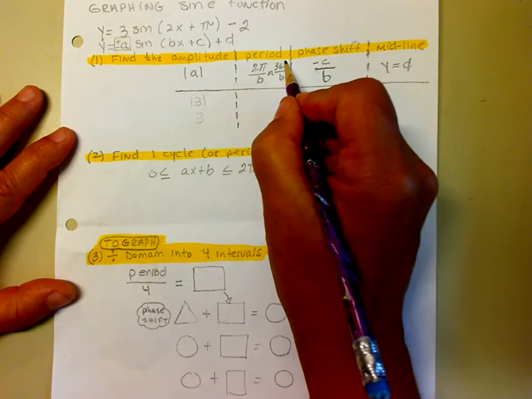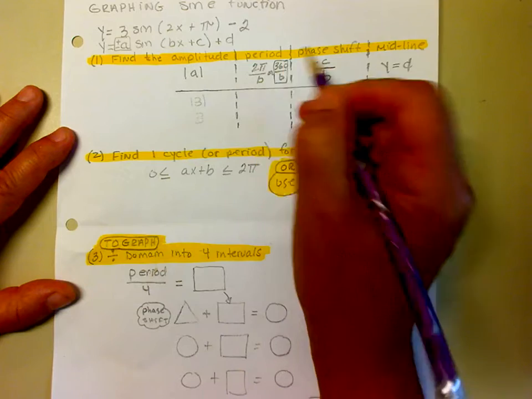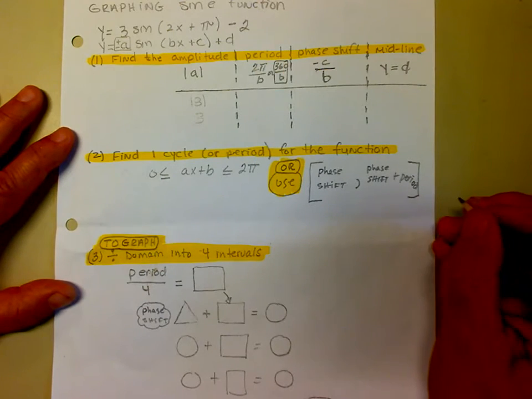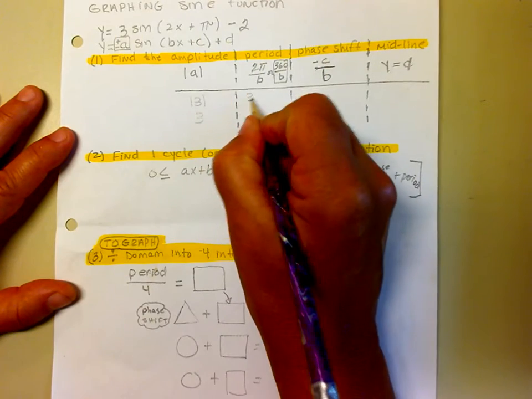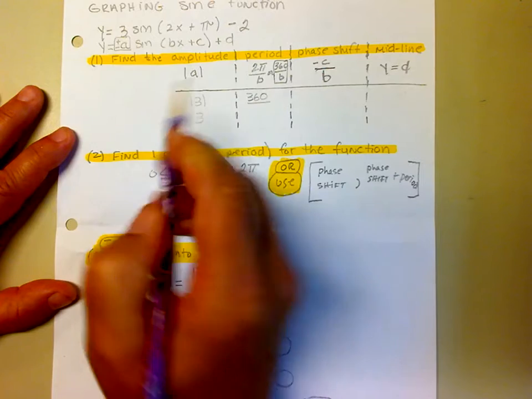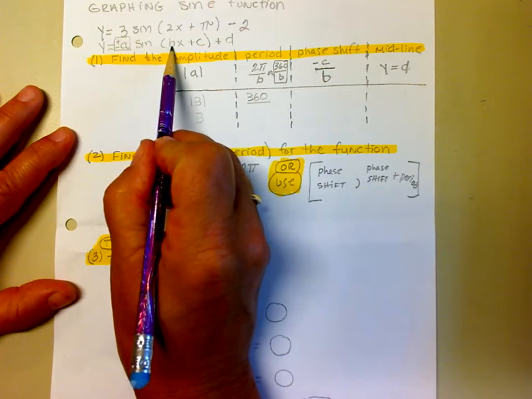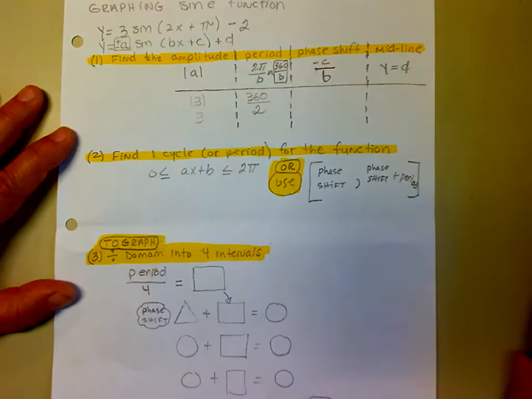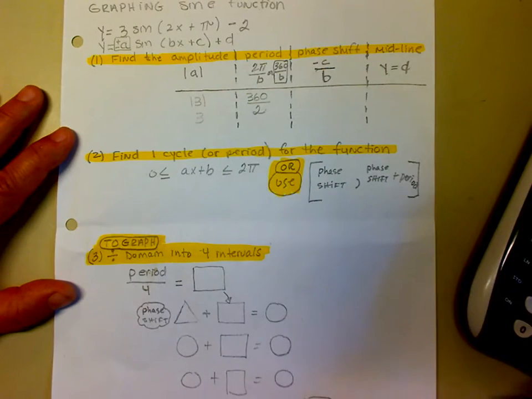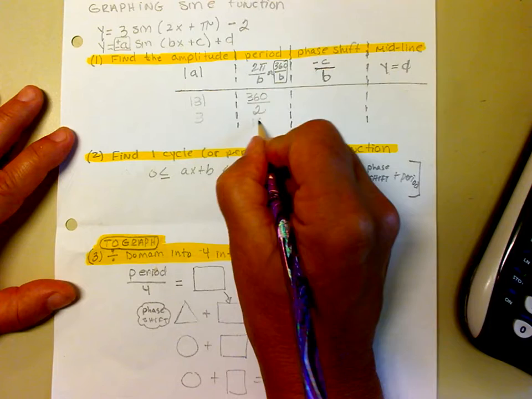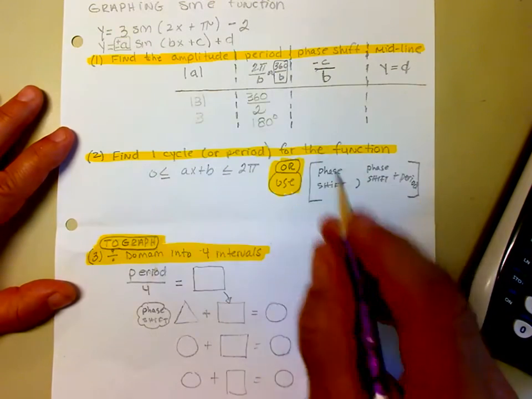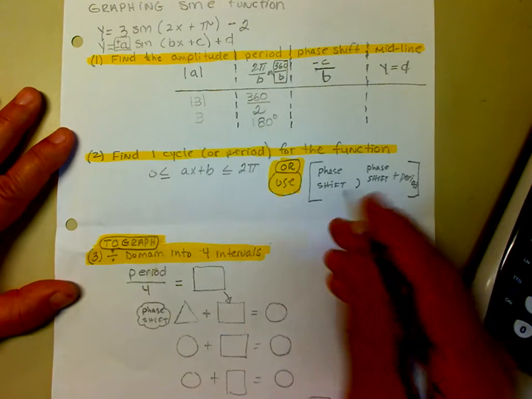I prefer to use 360 degrees divided by b because it makes it a lot easier to graph the function using degrees. b is the coefficient of the x term. So we'll divide that by 2, and 360 divided by 2 is 180 degrees. So it will take 180 degrees to complete one complete cycle.